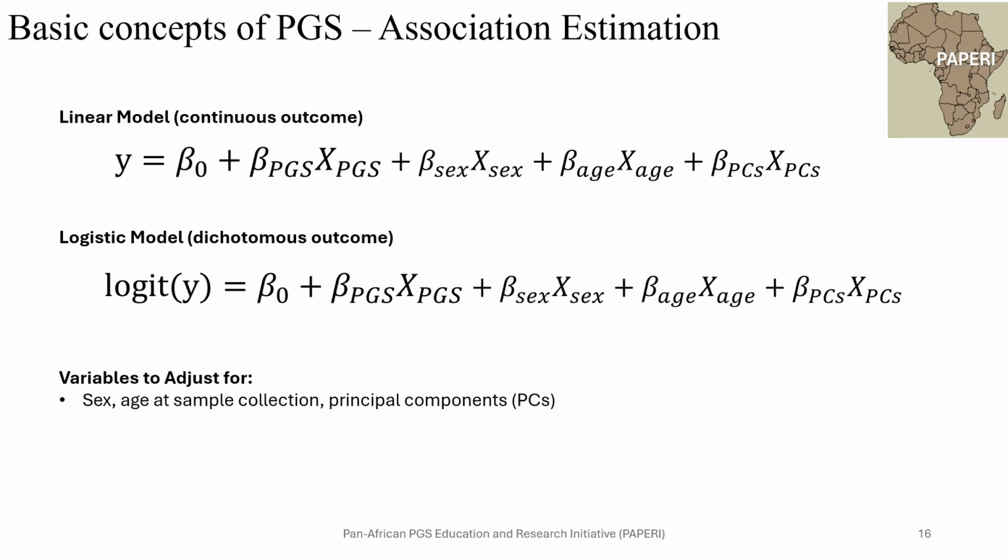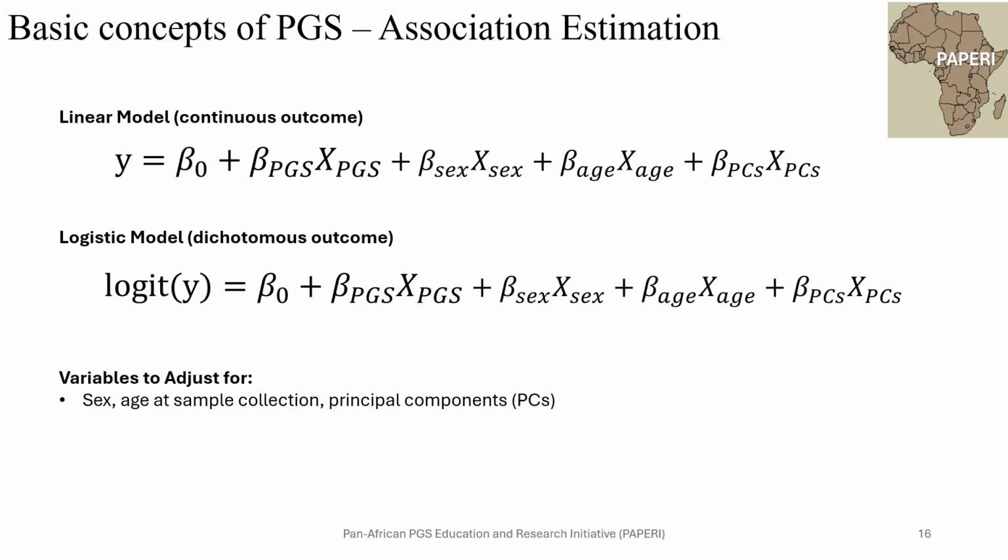As I mentioned before, the type of model we use depends on the outcome, whether it's a continuous outcome or a dichotomous outcome. That would determine whether we use linear regression or logistic regression.